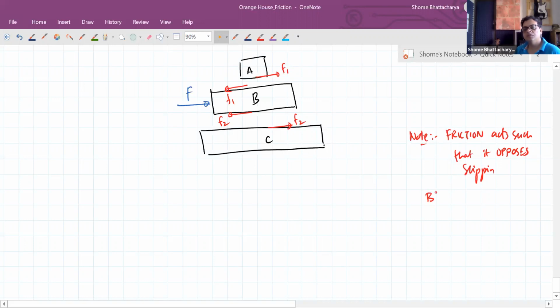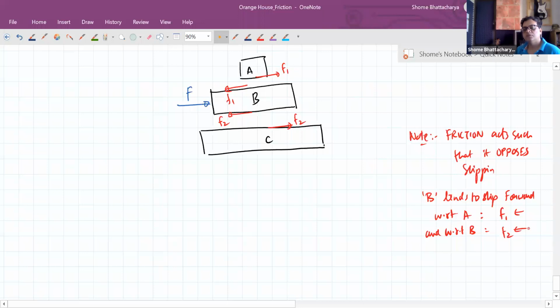So the block B tends to slip forward with respect to A and with respect to C. So hence F1 is backwards on it.